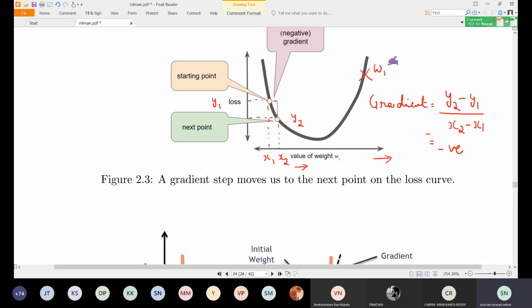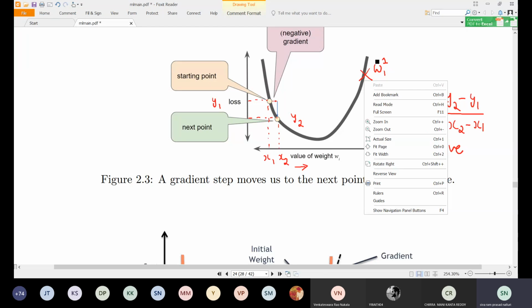So in the first iteration, you have assumed that your weight is this. Okay. Now at this point, for a positive change in x-axis, there will be an increase in the y value. Means the gradient is positive here.